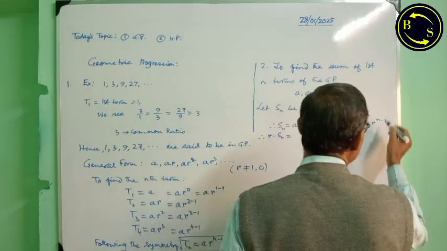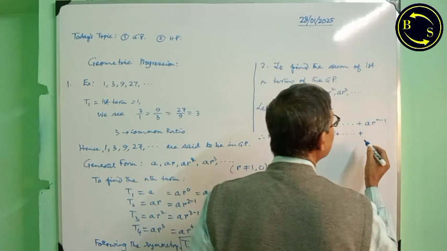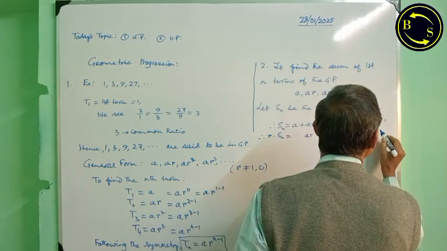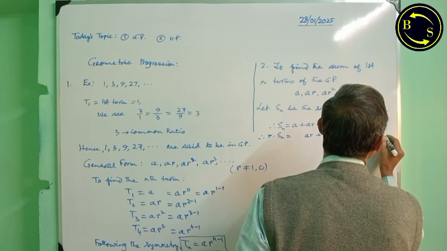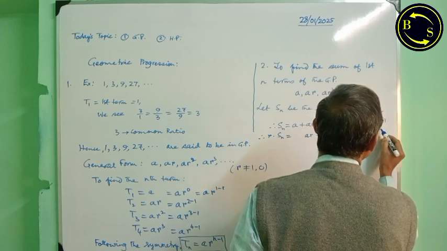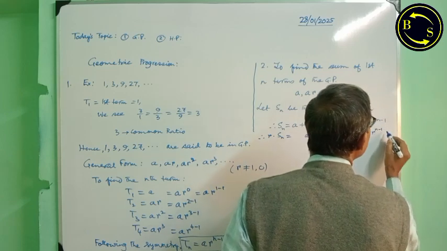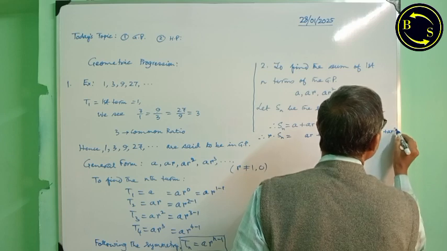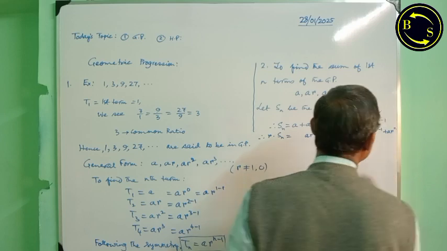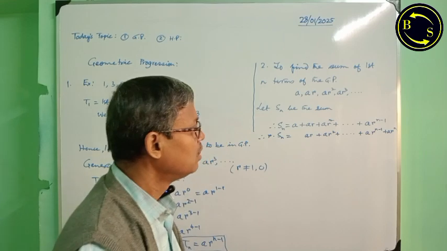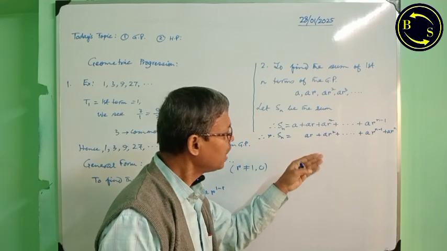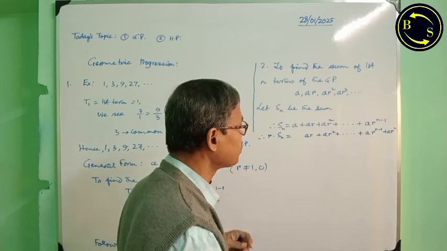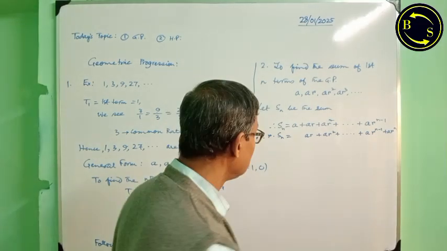And this product will be, if we multiply this by r, it will be a r to the power earlier one n minus 1, and this product will be a r to the power n. Follow the trick. We have retained the terms shifting one place towards right.